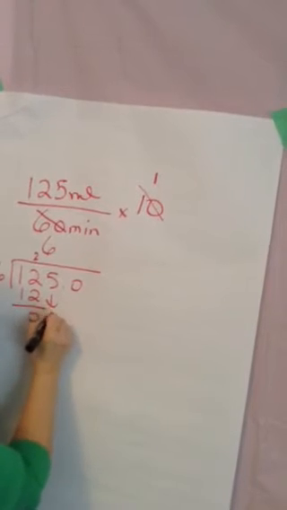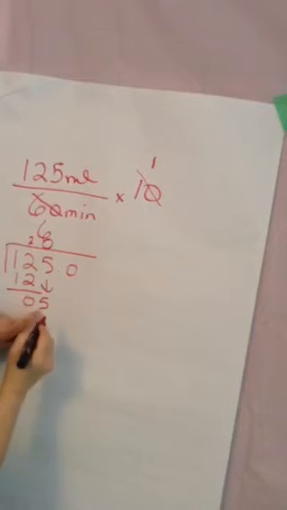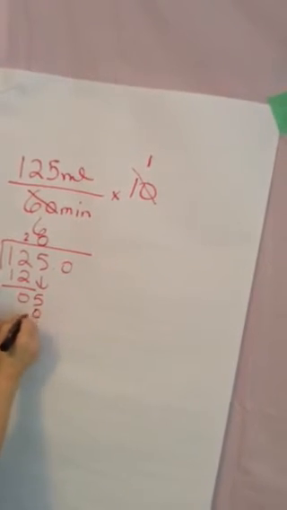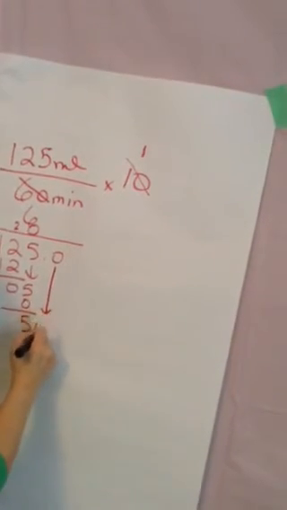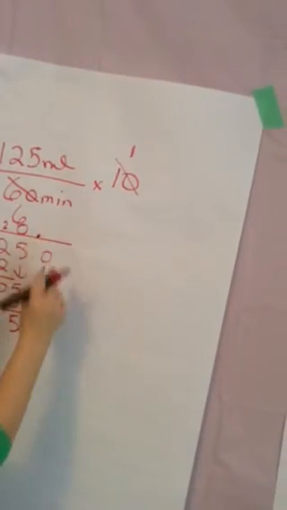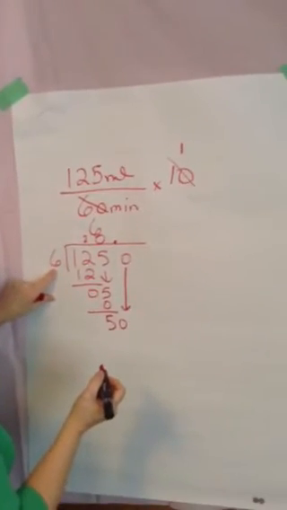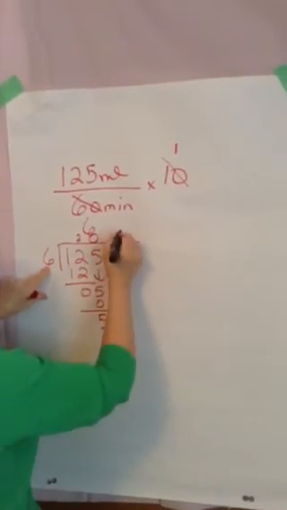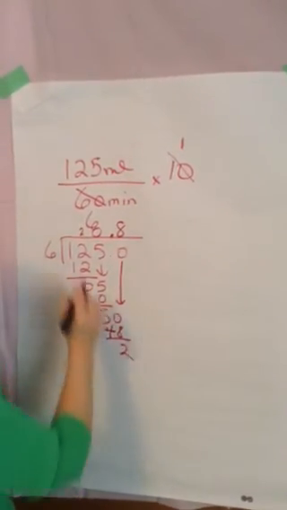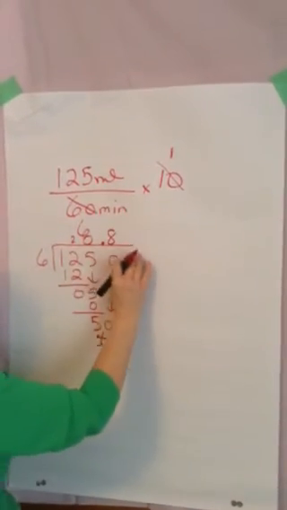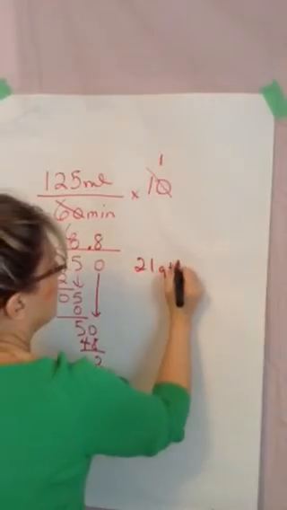Bring down the 5. 6 can't go into 5, so I'm going to put a 0 here. 0 times 6 is 0. Bring down the 5, bring down this 0. So now we're working right here. 6 6s are 36, 6 7s are 42, 6 8s are 48. So we're going to put an 8 here, 2 remaining. So our drop factor for 125 in 60 minutes with a 10 is 21 drops per minute.